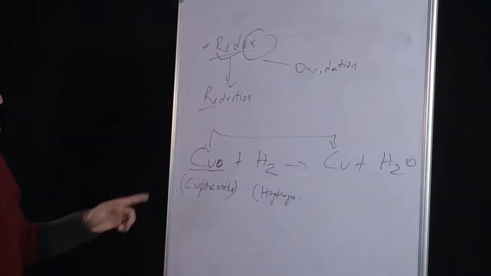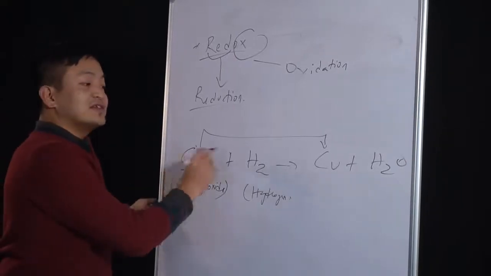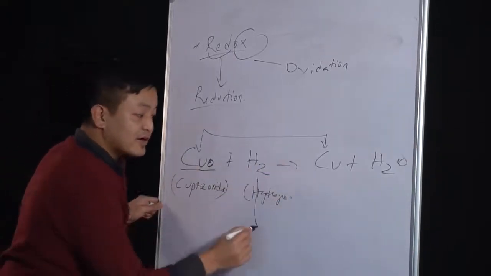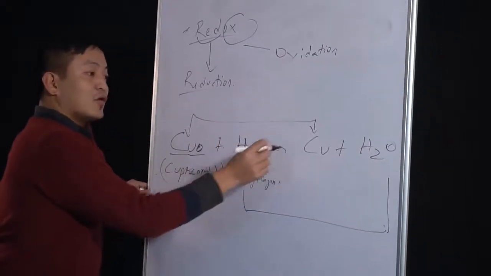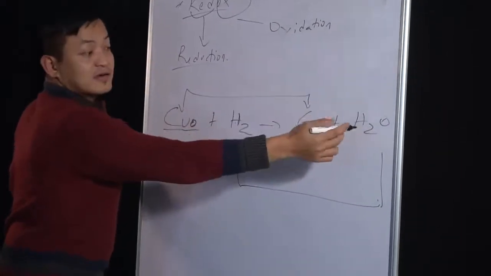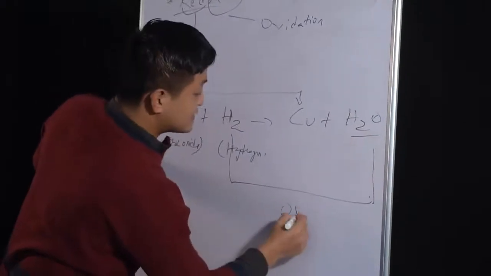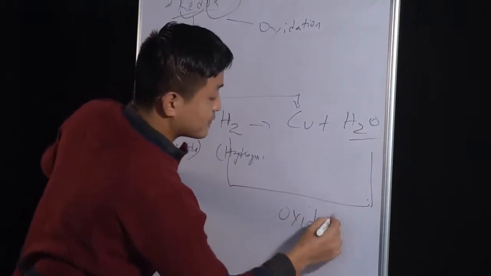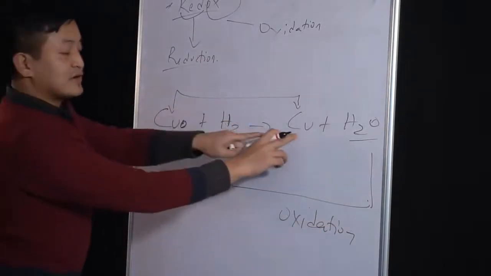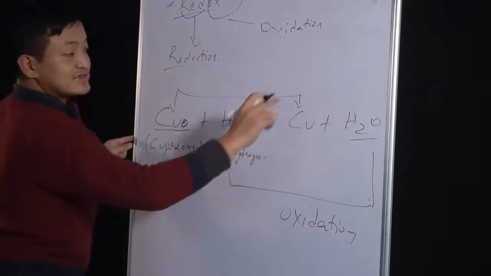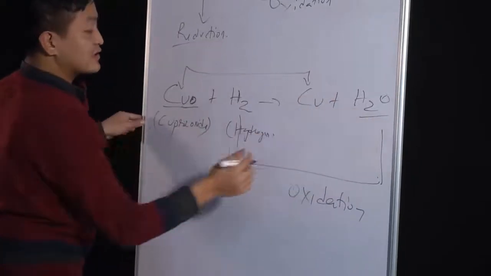If you look at this equation carefully, here reduction takes place, and here oxygen has been added in the product, so oxidation also takes place here. Reduction has taken place here, and oxidation has taken place here.